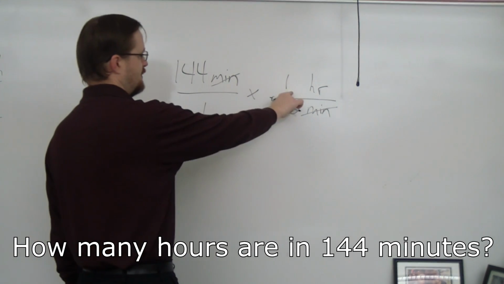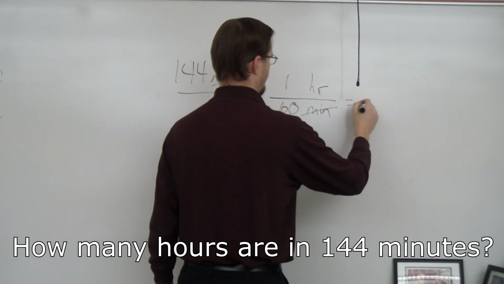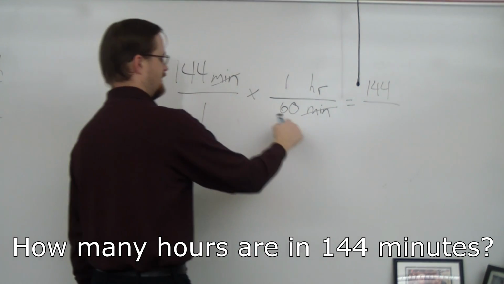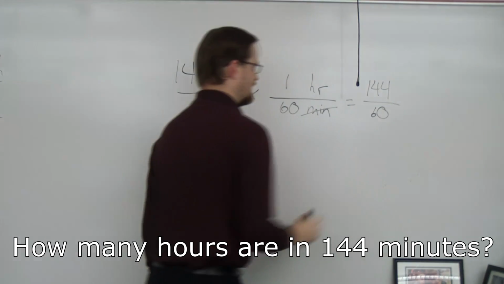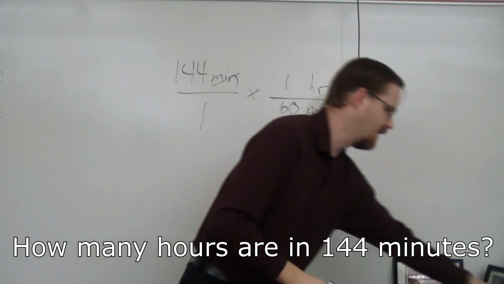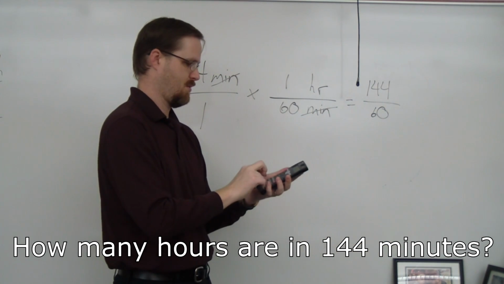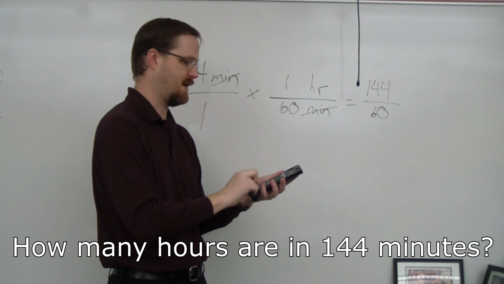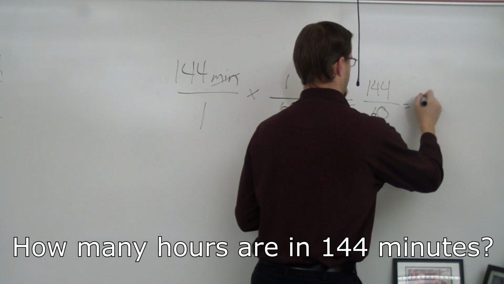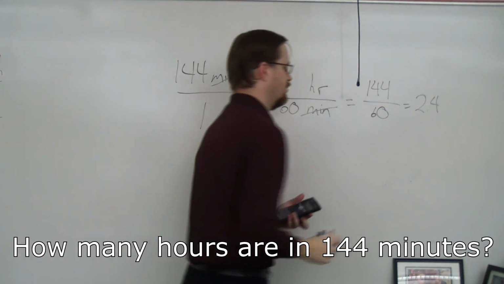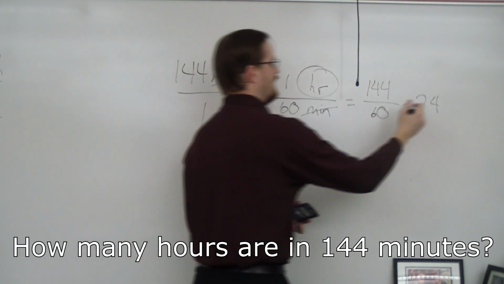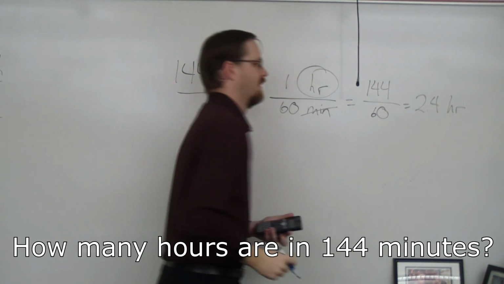Okay, so I multiply across the top, so 144 times 1 is 144. Okay, 1 times 60 is 60. And then we're going to grab our calculator here, and we do 144 divided by 60. We get 2.4. And then what are the units? Well, it's right here. It is hours.